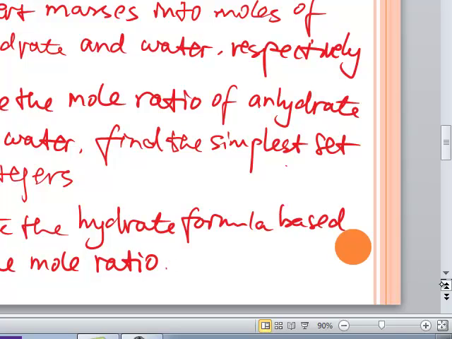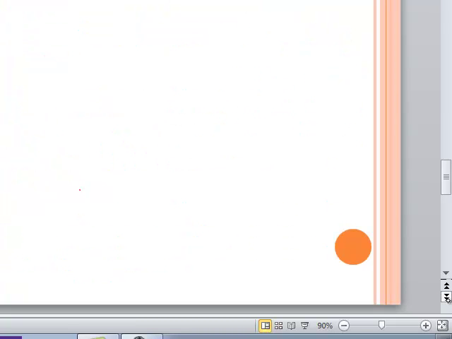Okay, so those steps, if you've taken them, you can solve pretty much all kinds of questions involving hydrates, and apply that when you're trying to wrap up your lab report. And let's take a look at an example to show you in detail how the procedure works.